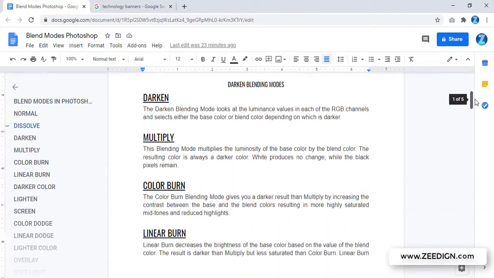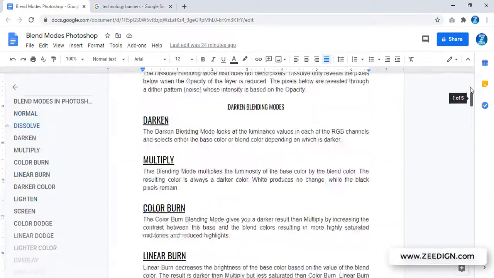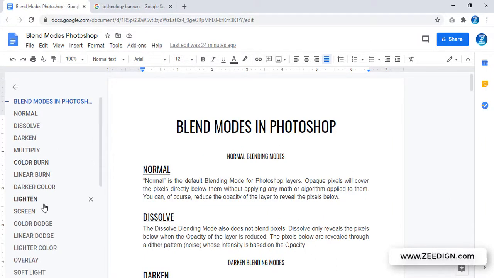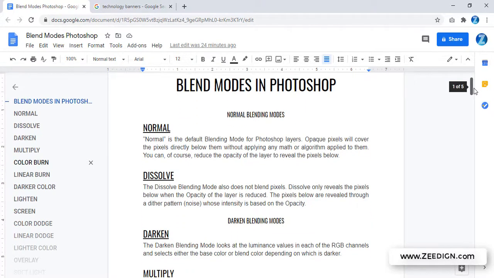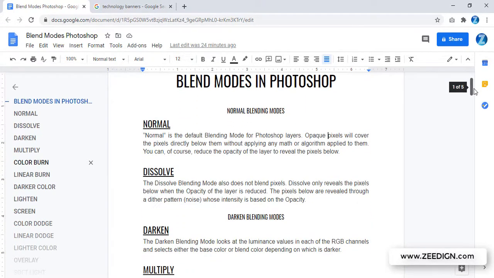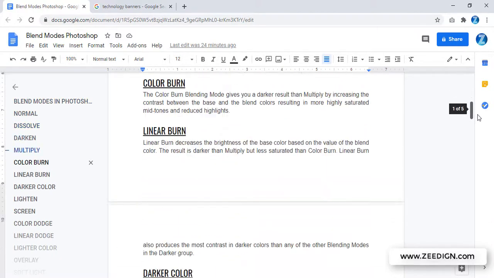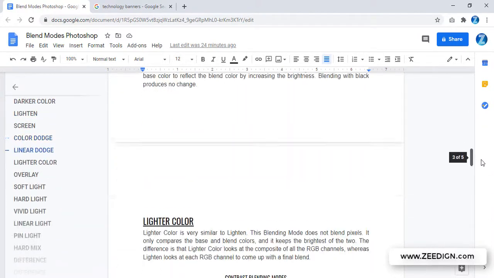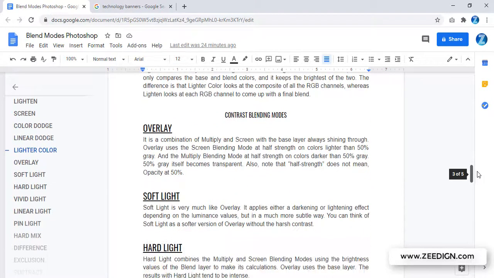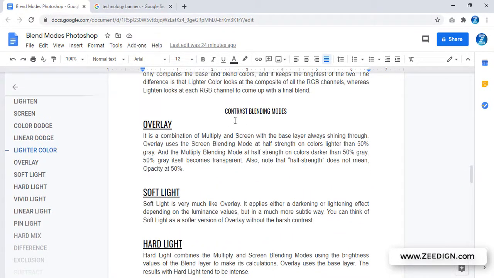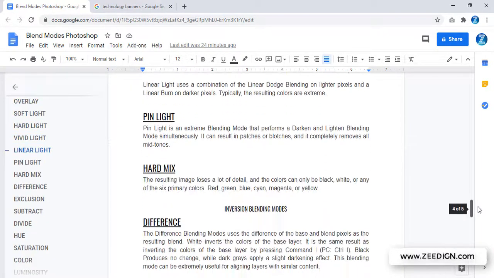So here I have listed down all the set blend modes which are available in Adobe Photoshop, and we are going to go through each one of these, and we will learn how to execute, or how to understand, or in simple words, how each one of these looks when we use it, and what's the idea behind the usage of these.